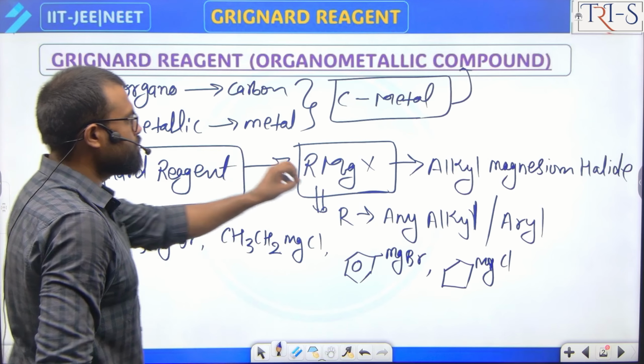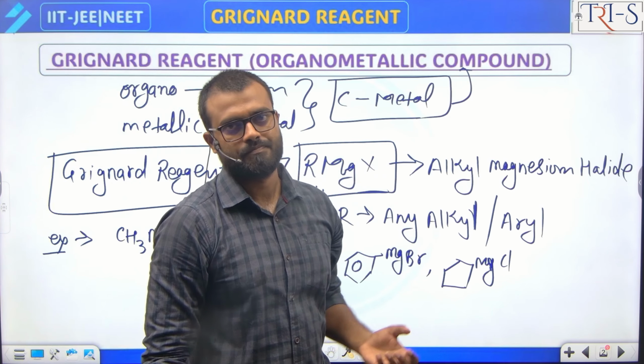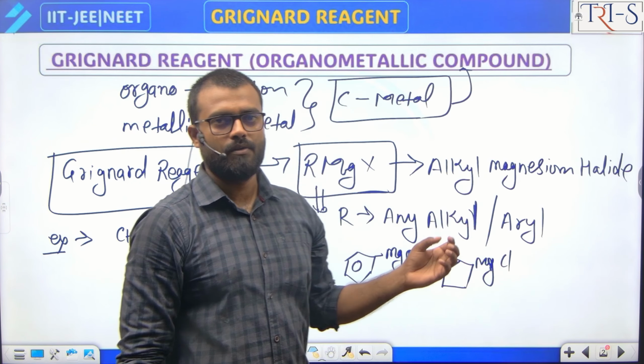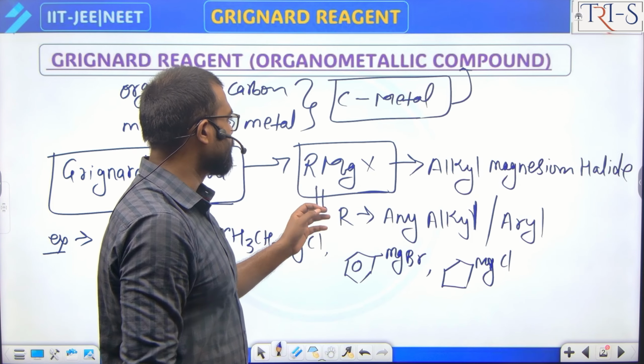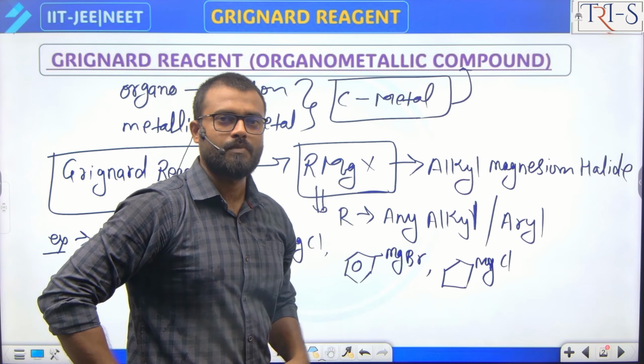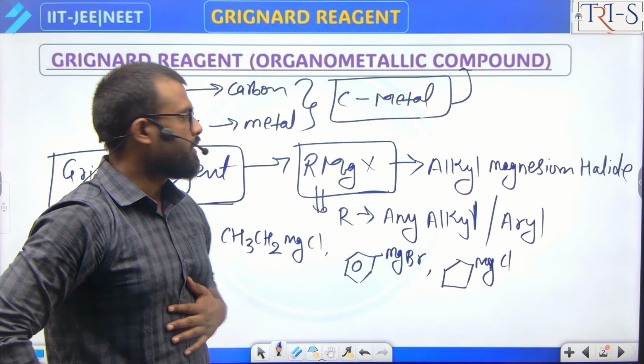If RMgX type compounds are present in a question, how do we solve problems related to RMgX, that is, Grignard reagent?